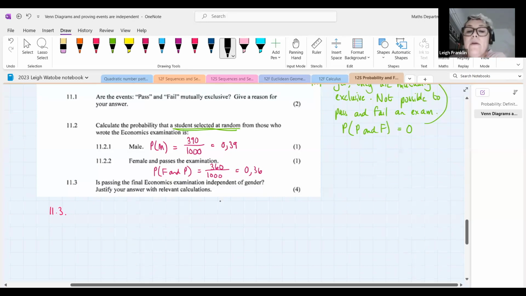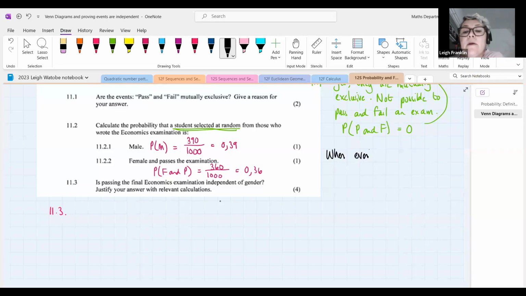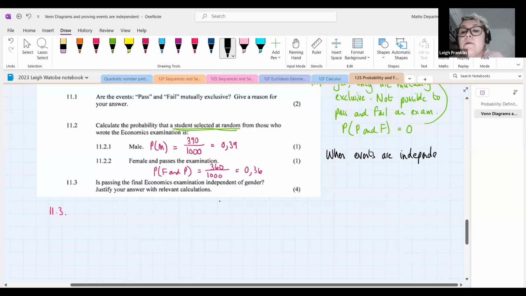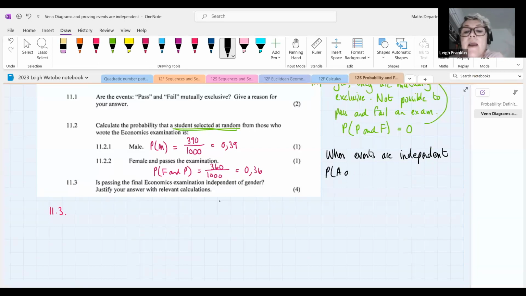So when events are independent, we would say the probability of A and B equals the probability of A times the probability of B. That's the rule for independent events.